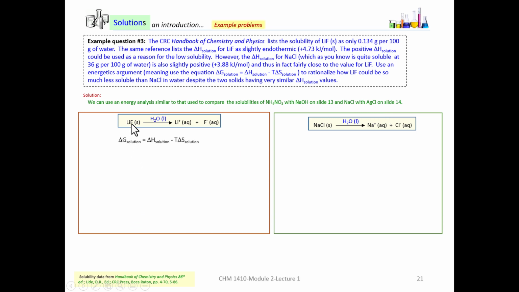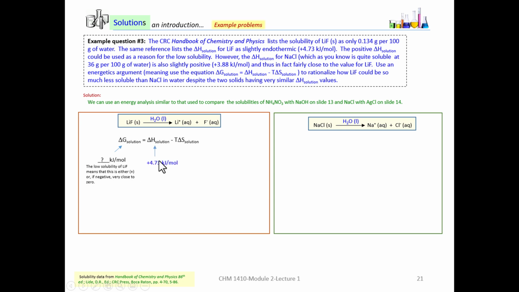So let's look at the case for lithium fluoride. Remember, this is the ionic compound that's not very soluble in water. The low solubility of the lithium fluoride means that delta G of solution is either positive, or if it's negative, it's not very negative, pretty close to zero.